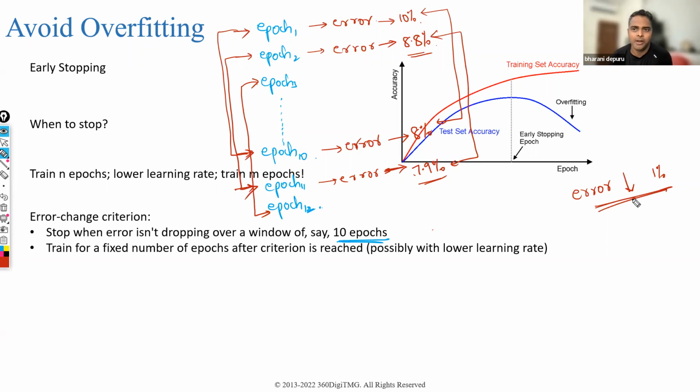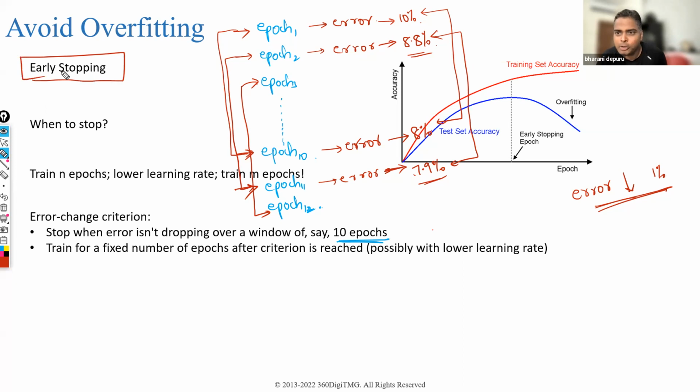Otherwise, stop. Right? That is what we are saying. And here, since it is 0.9%, which is not greater than 1%, your algorithm should stop. That is called early stopping.